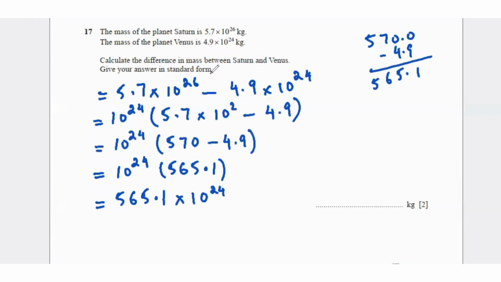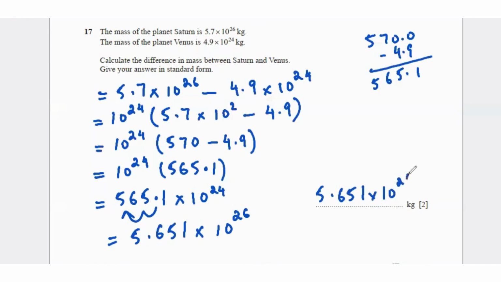Now this says standard form, which means the decimal has to be after the first digit, which is between 5 and 6. So if we move the decimal 2 places to the left, which would be 5.651, we will add 2 to the power as well. So it becomes 26 instead of 24. So your answer is 5.651 times 10 to the power of 26.